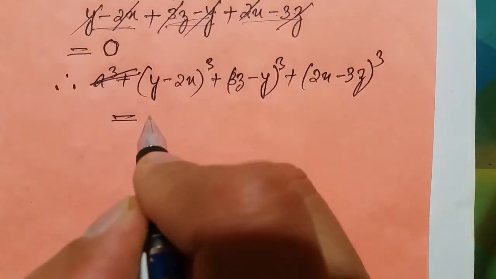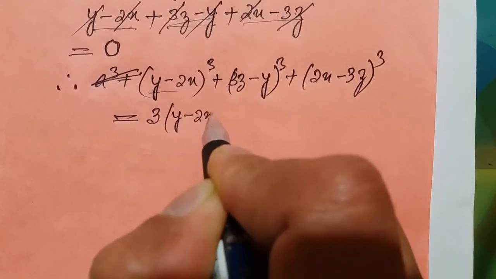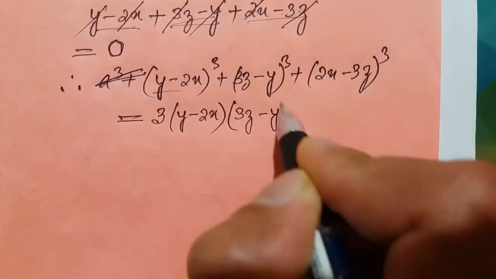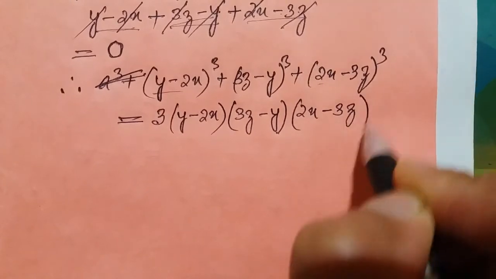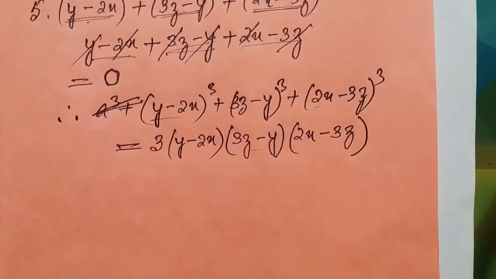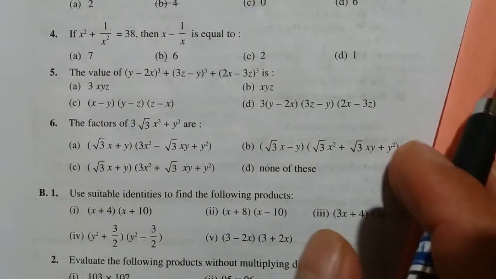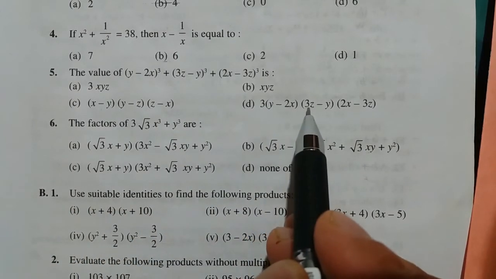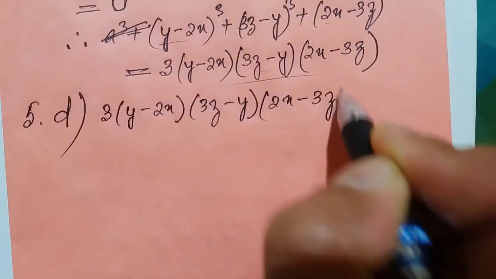So 3 times a, which is y minus 2x, b, which is 3z minus y, and c, which is 2x minus 3z. Now this is the answer, and let's see whether this is given in the options or not. We have here 3(y minus 2x)(3z minus y)(2x minus 3z). So D is the correct answer. So the solution is D.